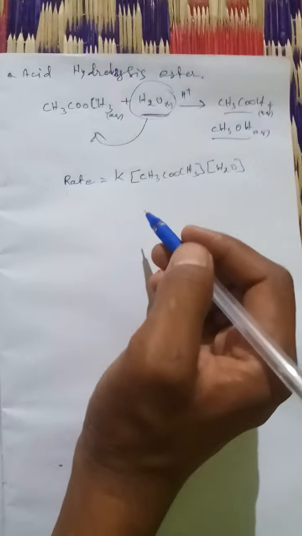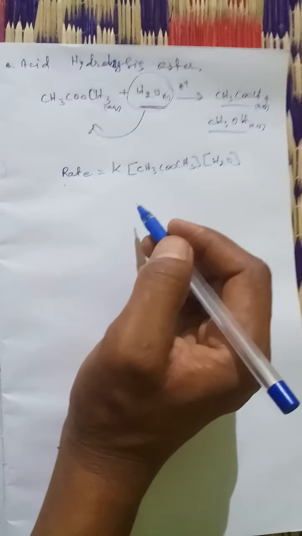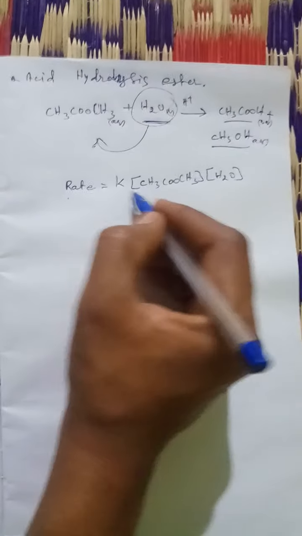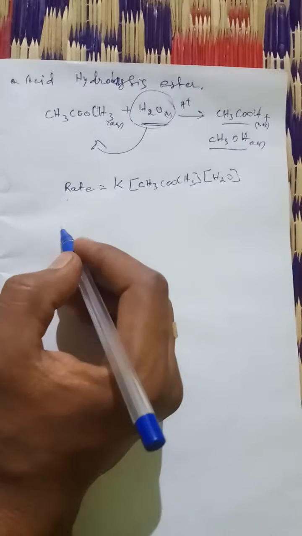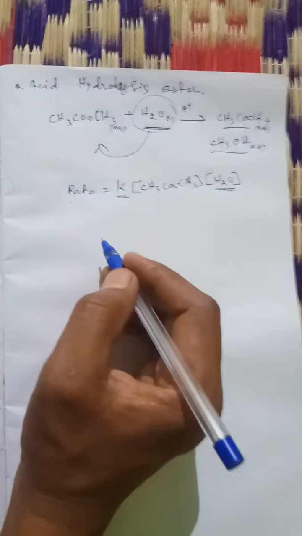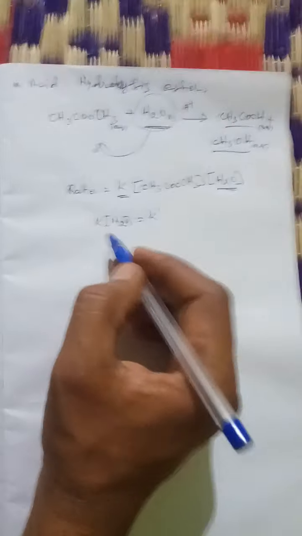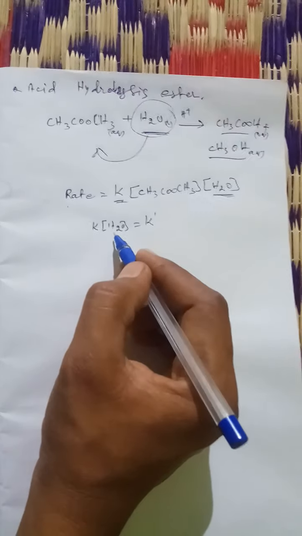So K is a constant, and K into the concentration of water molecules is taken as K dash.